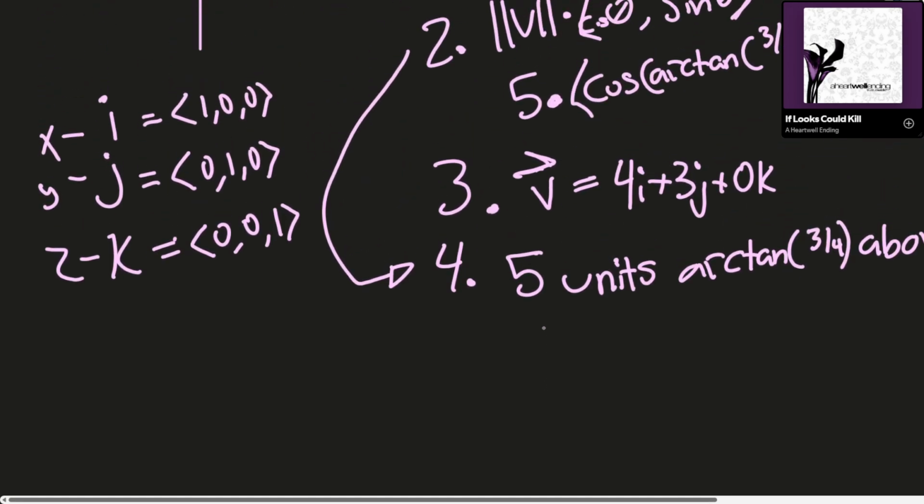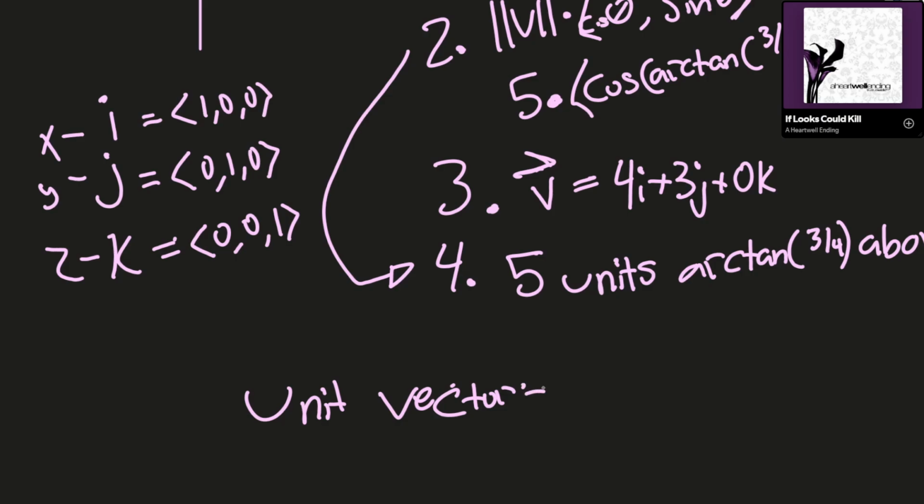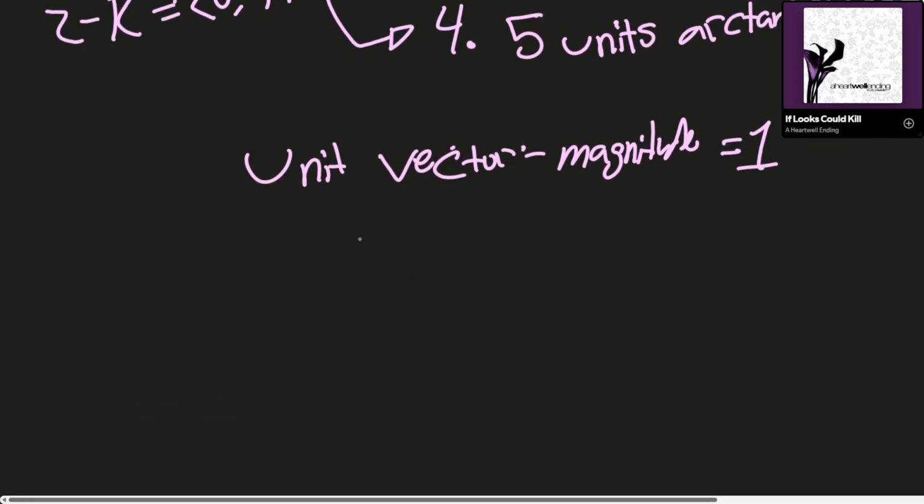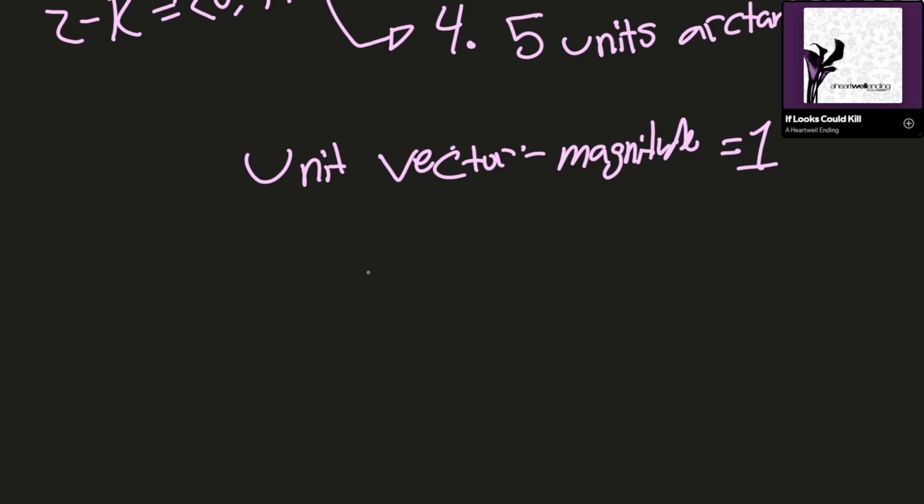Another important thing to know is what a unit vector is. A unit vector is simply a vector whose magnitude equals 1. In order to find a unit vector, what you can do is find the reciprocal of the magnitude. Let's say we're still using 3, 4.